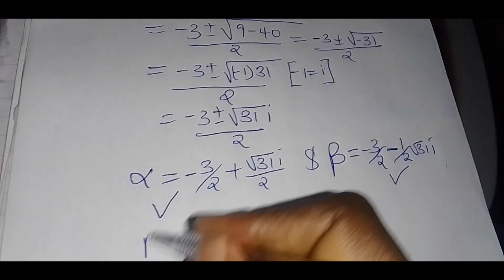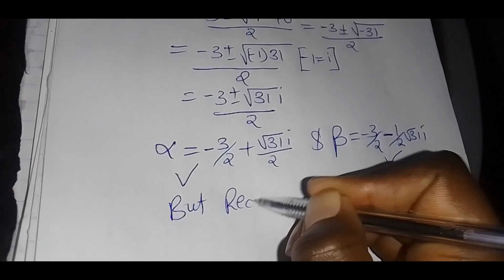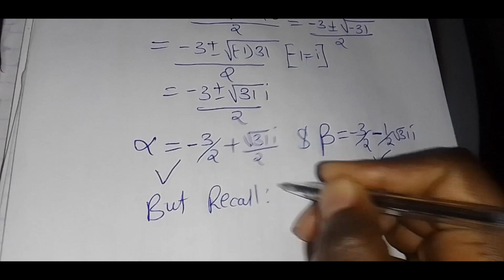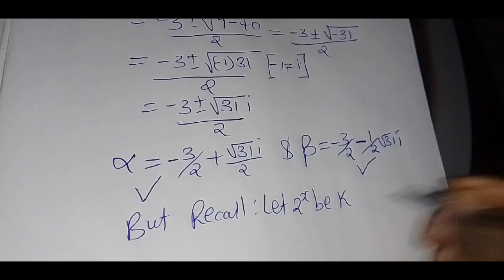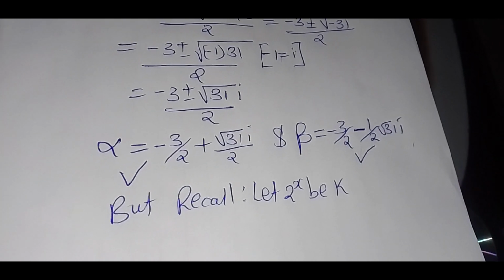But recall that we said let 2 raised to power x be k. That's 2 raised to power x be k.